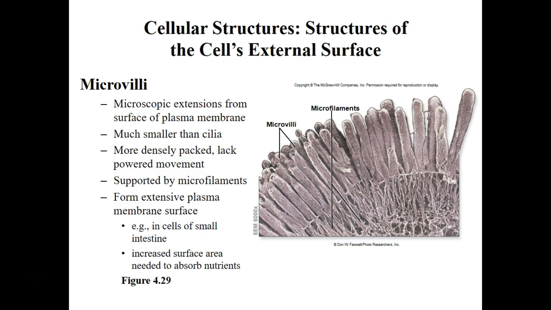What they function to do is increase surface area for absorption. So the more surface area we have, the better we can absorb materials. We have microvilli in areas where we need a lot of surface area for absorption.